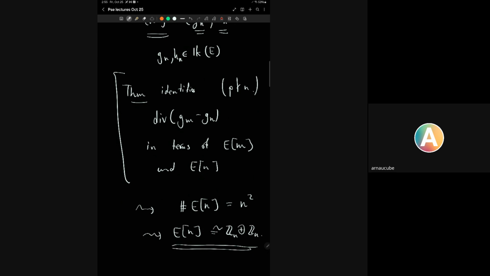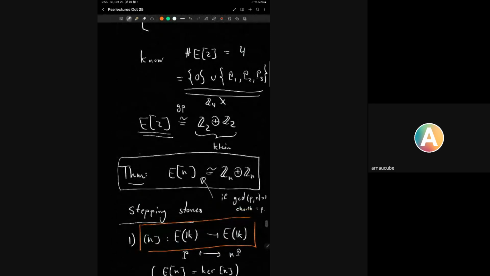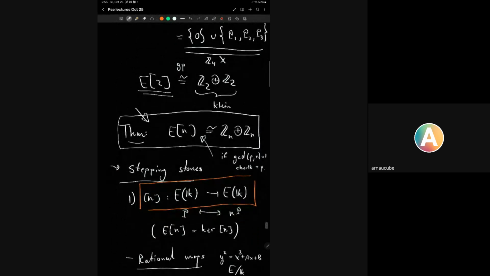We got this result here, but a few minutes ago you also got the same result when you were doing the n torsion point stuff. Yeah, I wrote it in the beginning just to indicate where we are going. This was set as a big goal, and then we had stepping stones to it. Okay, I see. Thanks.